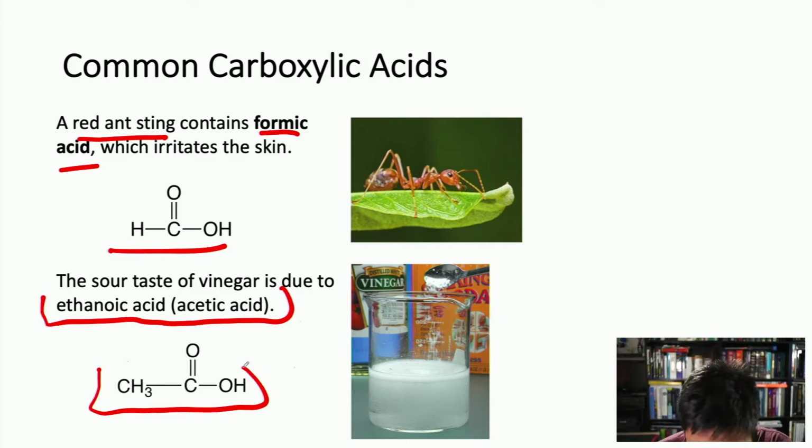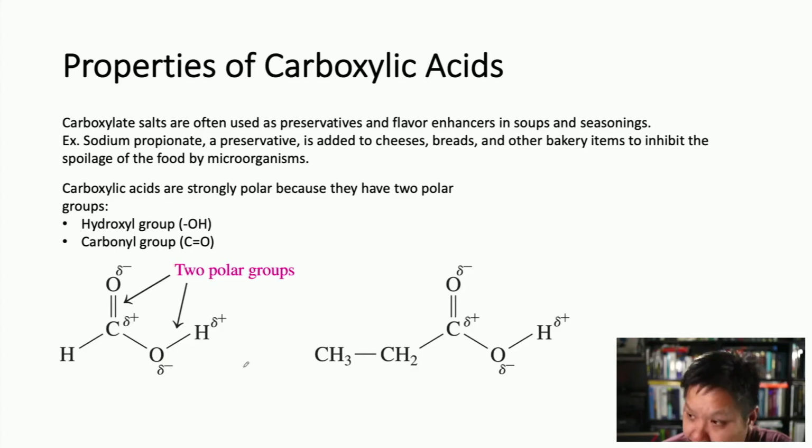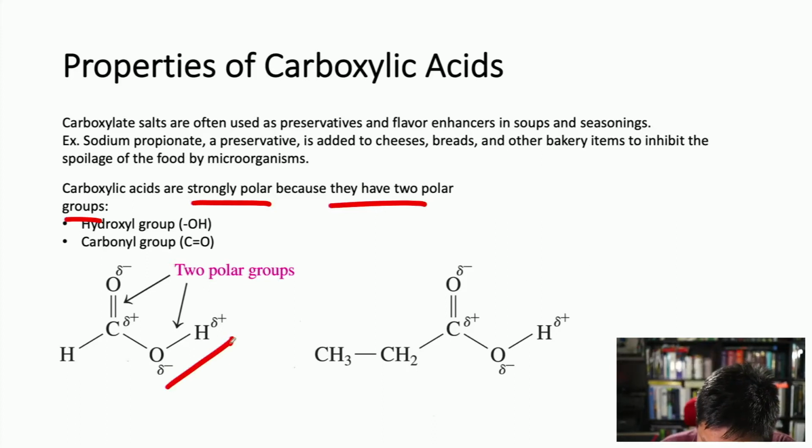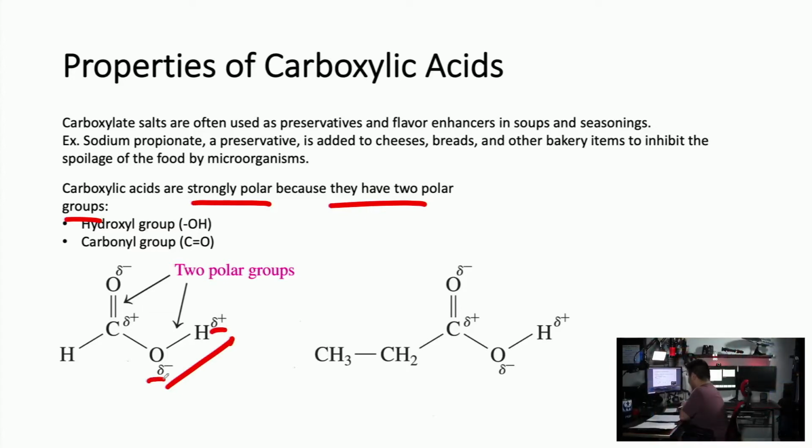So let's talk about some polarity and properties of carboxylic acids. The carboxylic acids are strongly polar because they have 2 polar groups. You have the hydroxyl group right there, which is very polar because it's partially positive on the hydrogen side and partially negative on the oxygen side.